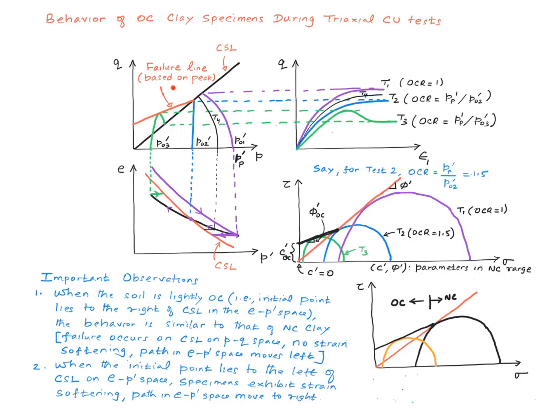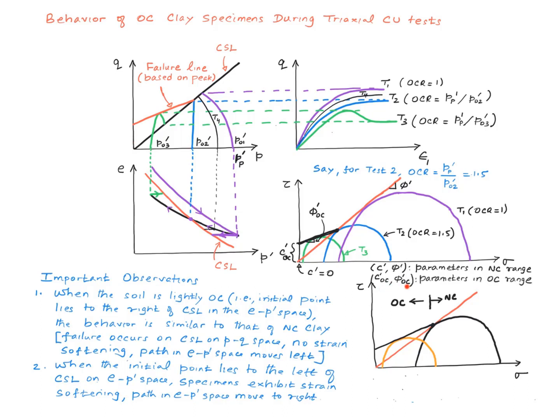Now coming back to the p-q space, we have a failure line based on the peak stresses. And that failure line went from this blue line to this green line right there. So I take the blue circle here and the green circle here and then define a failure line based on them. Now that failure line has an intercept in the Mohr-Coulomb space, just like this p-q failure line has an intercept on the q axis.